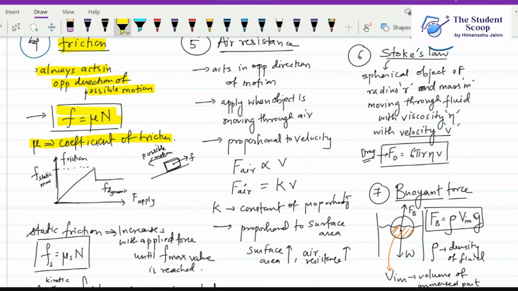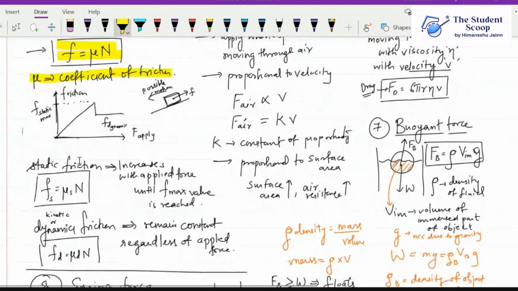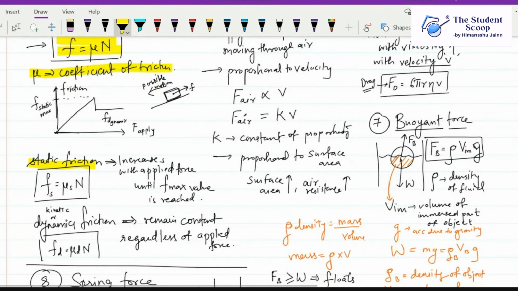Then we have two cases. Static friction is a friction that is applied on an object when it is stationary. It increases with the applied force. So as more and more force is applied, the static friction keeps on increasing until a maximum value of static friction is reached.